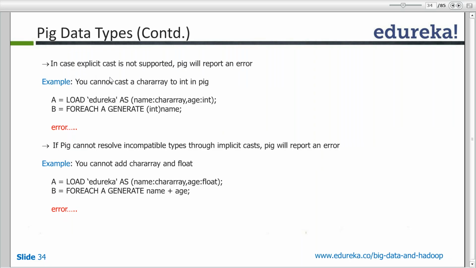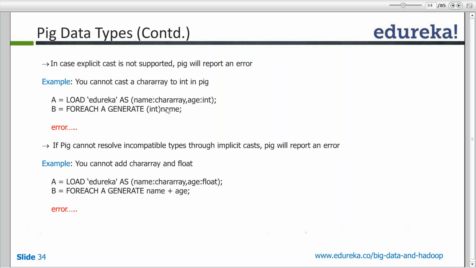So in case explicit cast is not supported, now what is the case of errors? When will you start getting errors in Pig? These are two examples. I'm loading a file with a char array and integer, and I'm trying to typecast char array to an int.